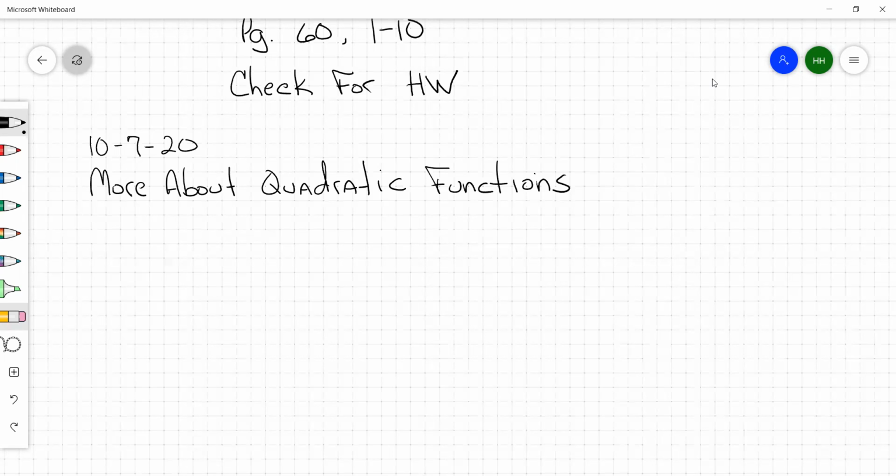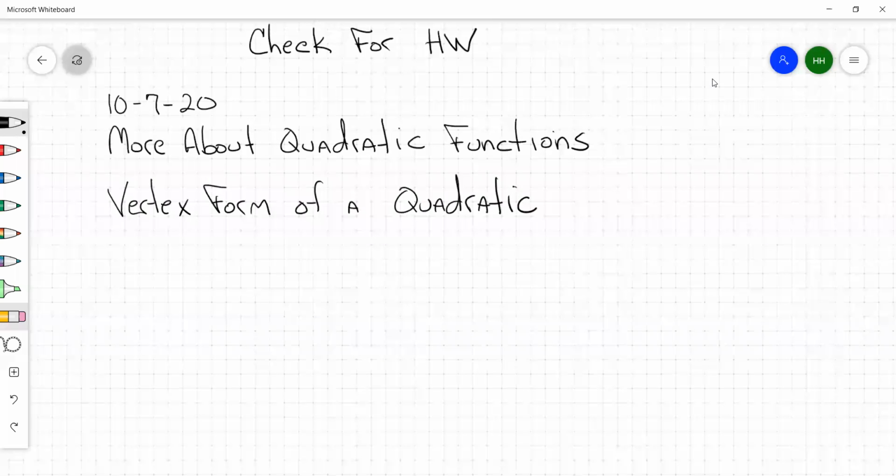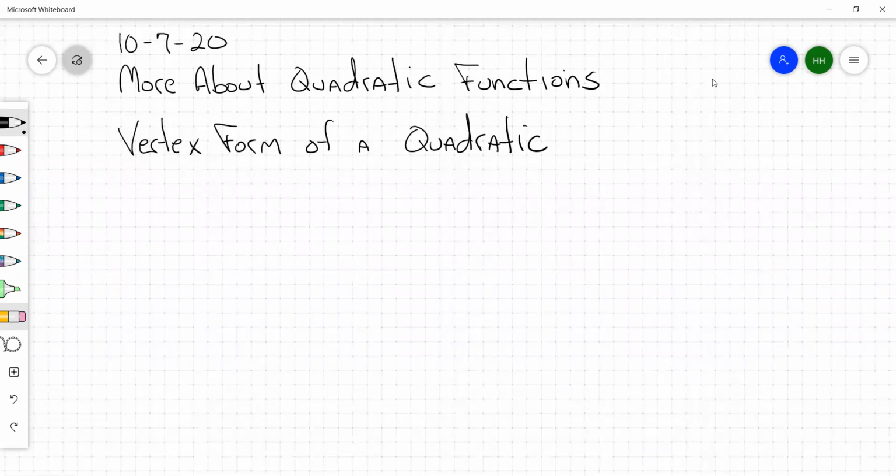All right, and yesterday we talked about vertex form of a quadratic. And the vertex form of a quadratic function is when we get an f of x equal to a times x minus h squared plus k.